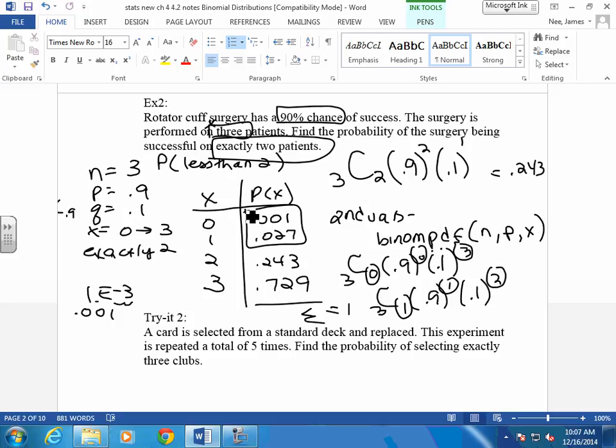And then we add up our probabilities rather than say 3C0 plus 3C1. You see what I'm doing? And then add that together and then put that whole mess in your calculator. The C is a little more time consuming in your calculator. You gotta put the 3, the C, and make sure you get your exponents in there. Okay? Whichever way you like to do is fine with me. But the binomial PDF works nice.